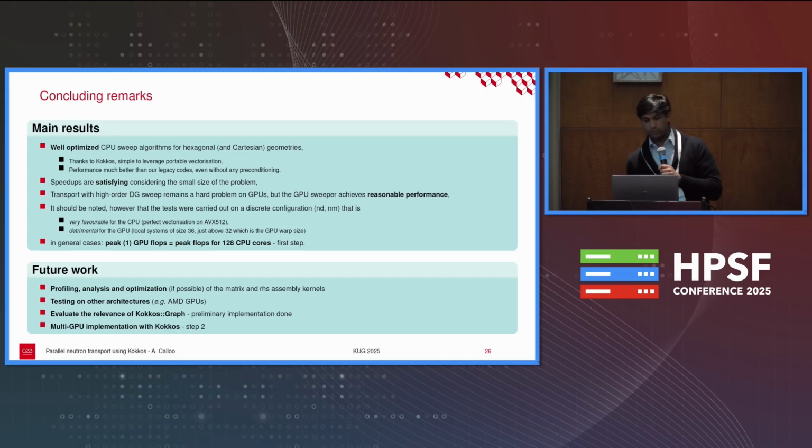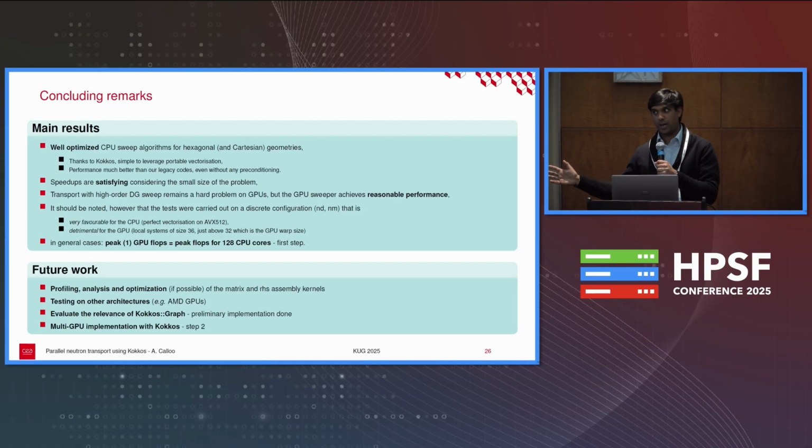So my concluding remarks here: we've been able to implement something with Kokkos which is actually very good. The performance which we are getting with this code is actually much better than the solvers we have in our legacy codes. And since I know those slides were going to be public, I didn't put a number here, but it's like a 7-8-fold, and we don't have any preconditioning in this case, and they are preconditioned in their case.